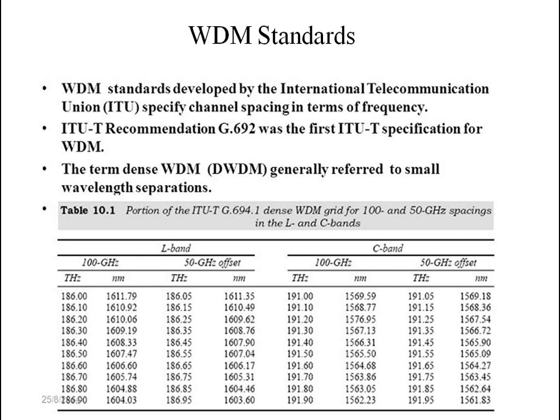So in 2002, the ITU-T released recommendation G.694.2, which defines the spectral grid for coarse CWDM.